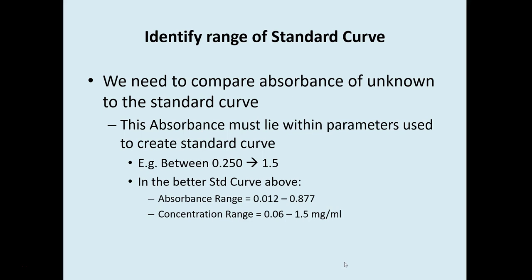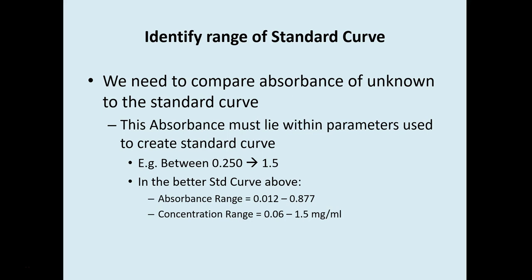Now, or 0.25 to 2 milligrams actually, if you change the parameters so that you remove the lowest or the highest point, then the standard curve range would shrink to exclude those points that you removed from the system.